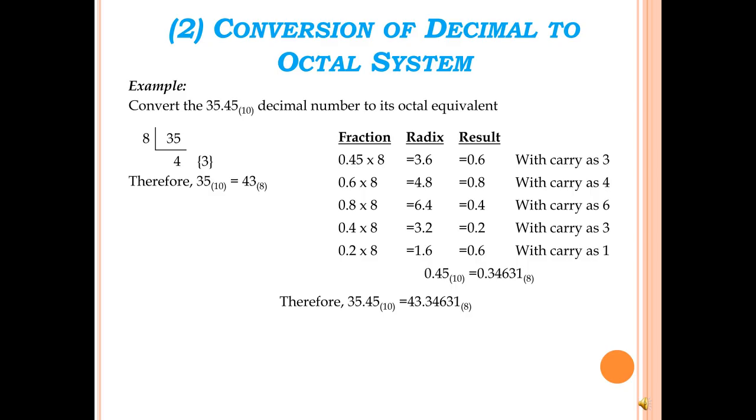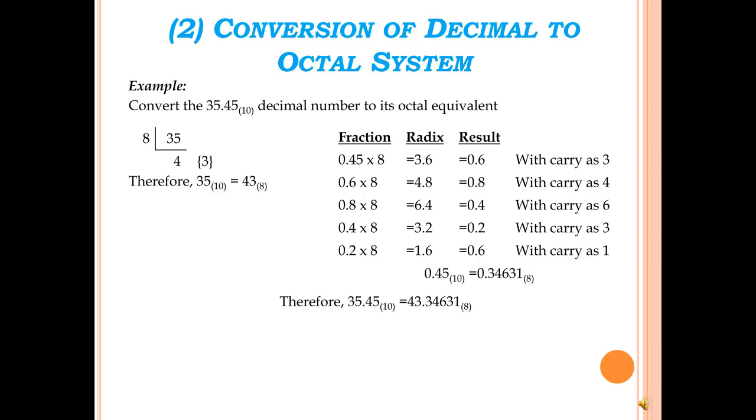Now from 0.8 we make the calculation. 0.8 multiplied by 8 gives the answer 6.4, and we have the result 0.4, and the 6 which is there before the dot gets carried out again. After that, 0.4 multiplied by 8 gives 3.2, and the result is 0.2, and we carry out the number 3.